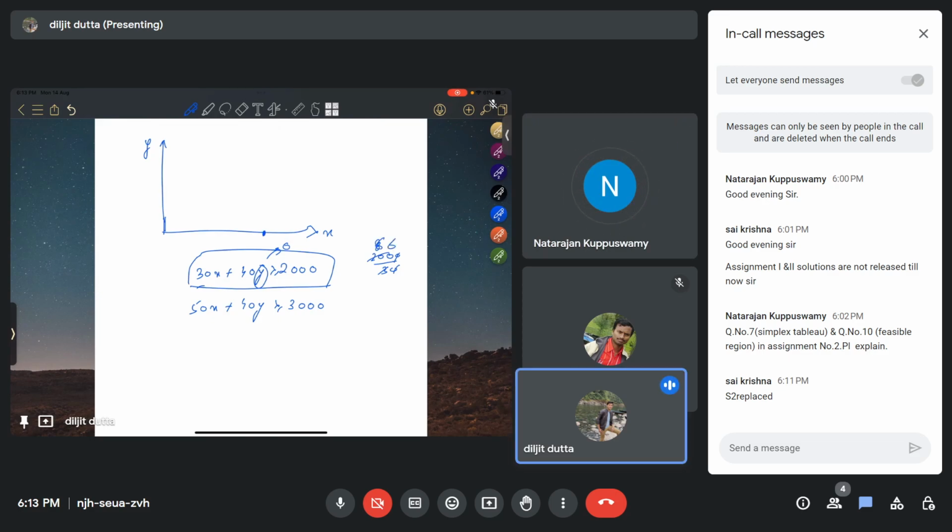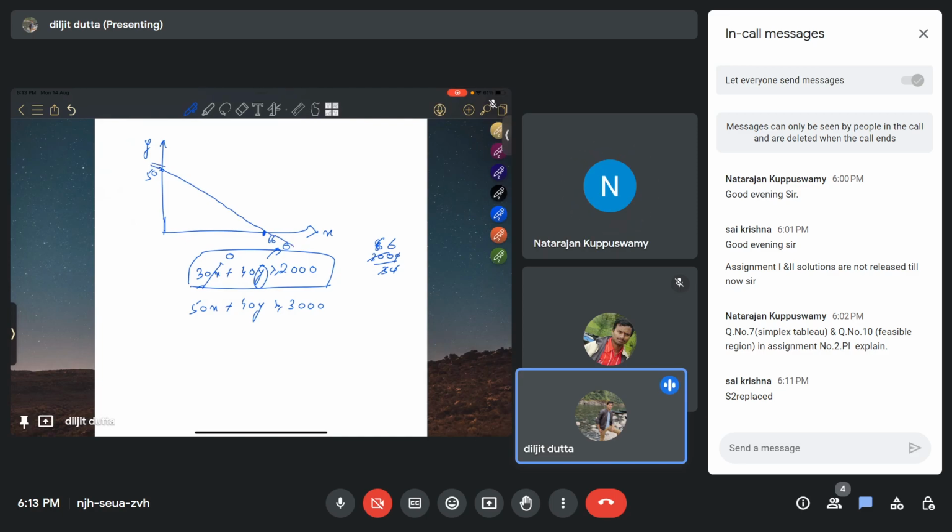And for the y coordinate, we put x equal to 0 and get some y value. I think 50. So one line will pass through 66 and 50.